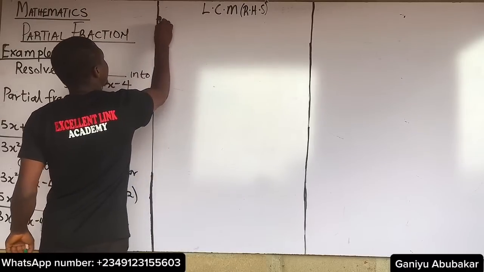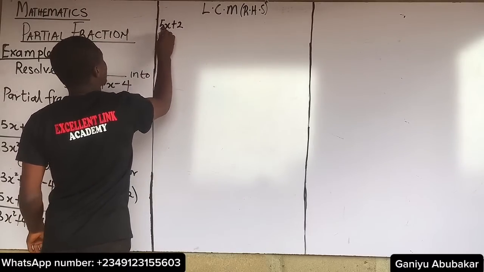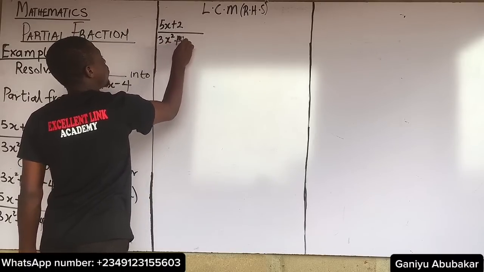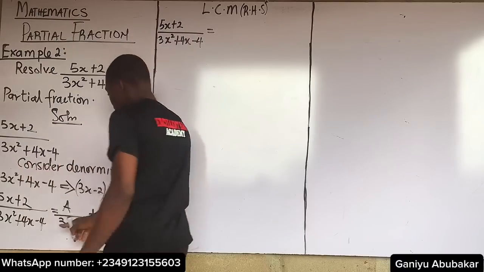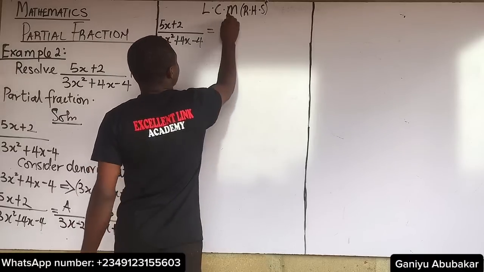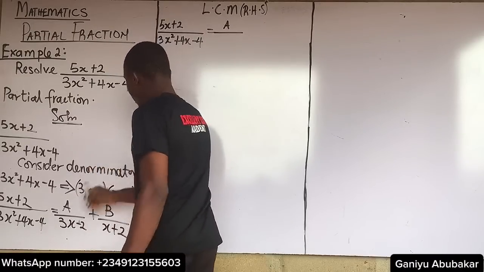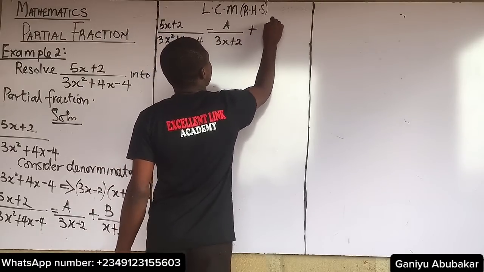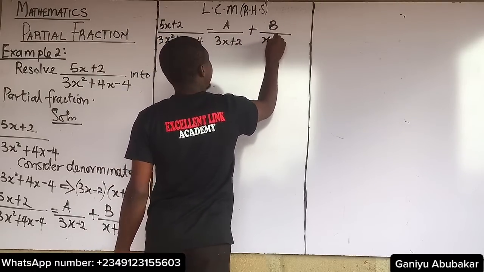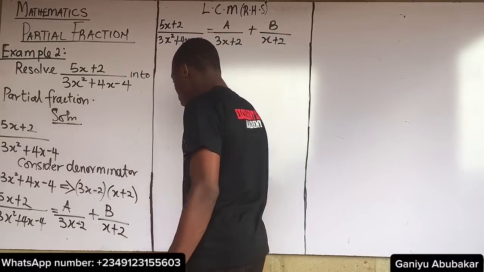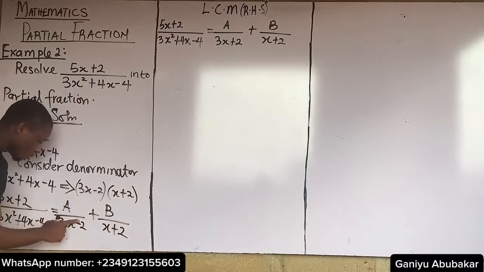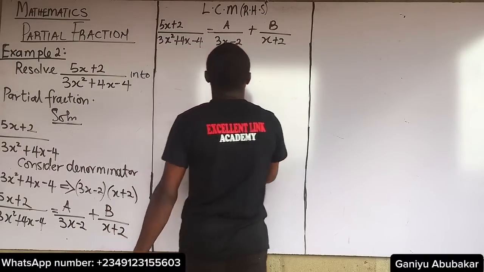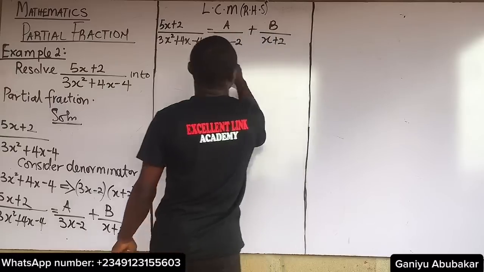So I'll have 5x plus 2 all over 3x squared plus 4x minus 4 to be equal to a all over 3x plus 2 plus b all over x plus 2. Hang on. Okay, 3x minus is a minus, not plus. This is minus. All right. So I'm looking for the LCM of this right hand side.